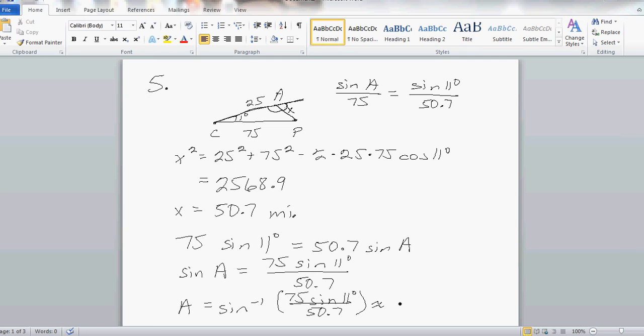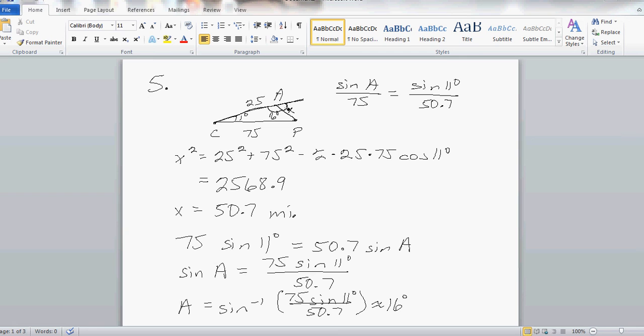So taking the arc sine of 75 times the sine of 11 divided by 50.7 is equal to 16 degrees. Now once again, that represents this angle right here. This is 16 degrees. But that doesn't answer the question that we need to know. We need to know what is that angle right there.